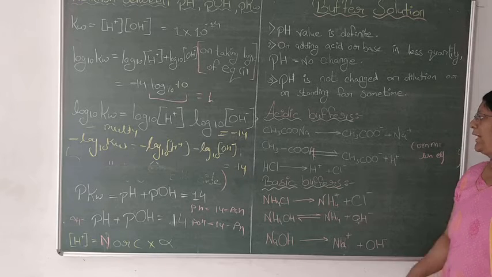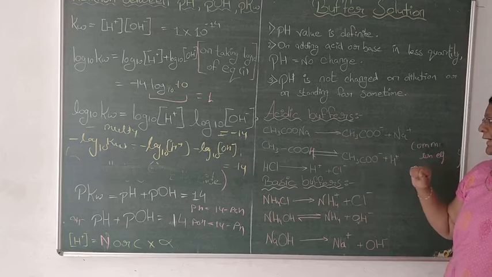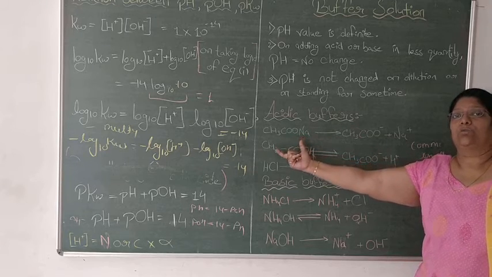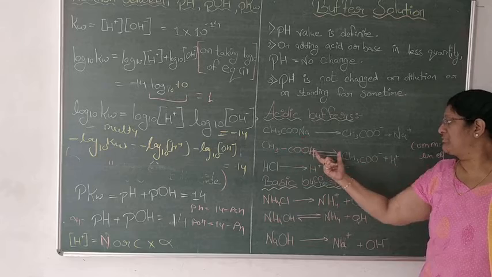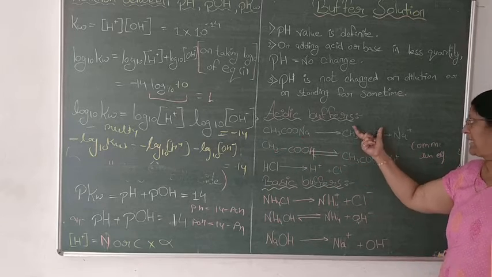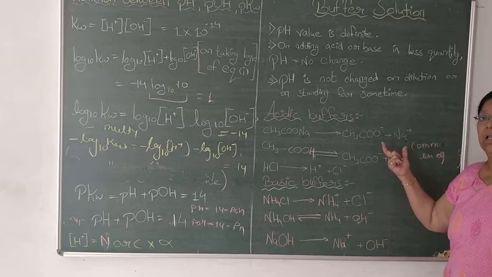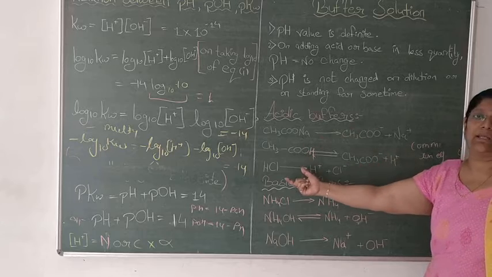In the common ion effect, as we know, a strong electrolyte added to a weak electrolyte having the same ion will decrease the dissociation of the weak electrolyte.